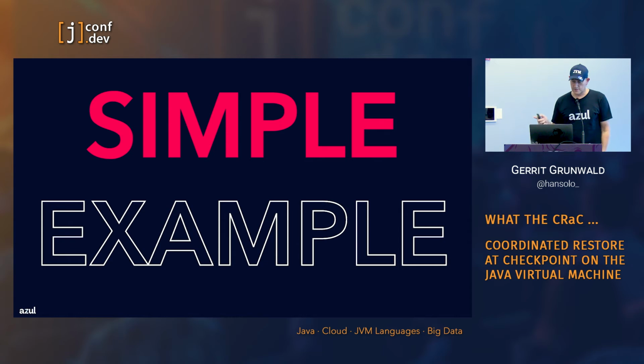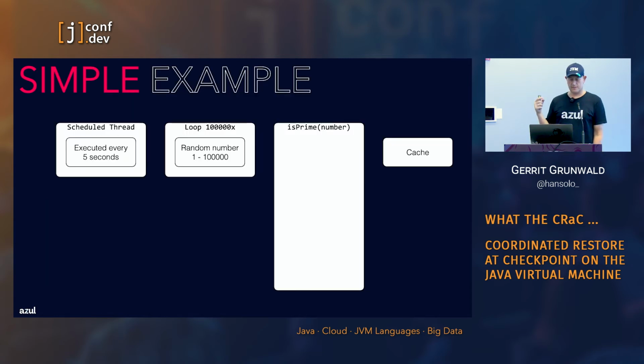Now I have a pretty simple example, and I just created some simple code. It's a scheduled thread, which will be called every 5 seconds. It will call a loop, and in this loop, which runs from 1 to 100,000, it will create random numbers. And then it will just take the random number and forward it to this isPrime method.